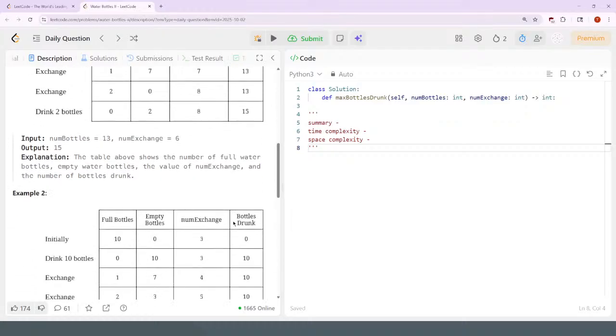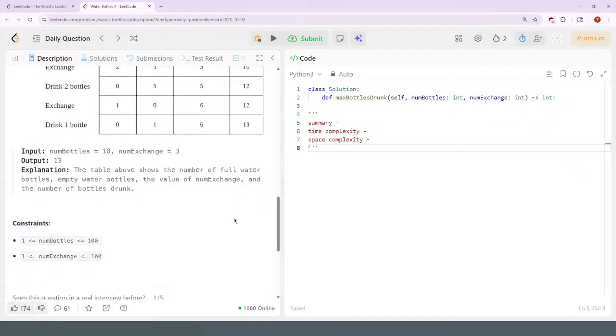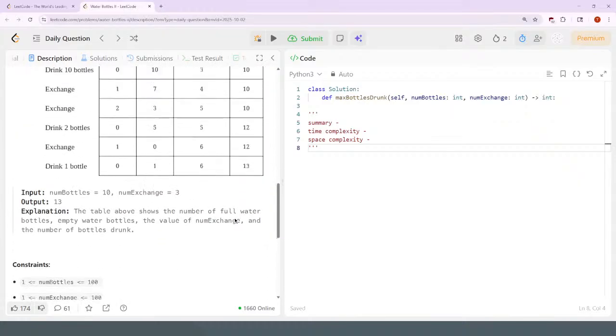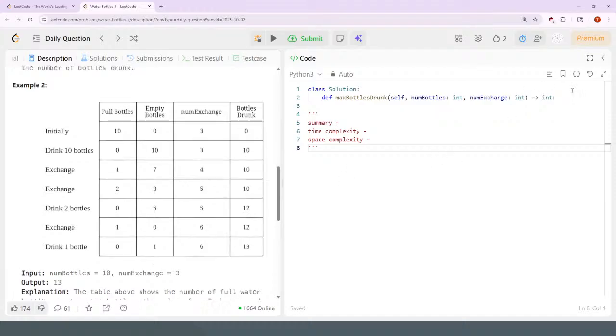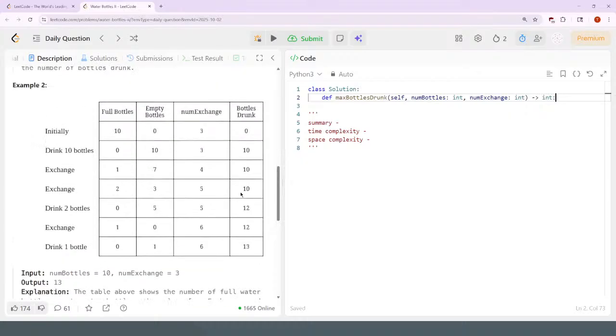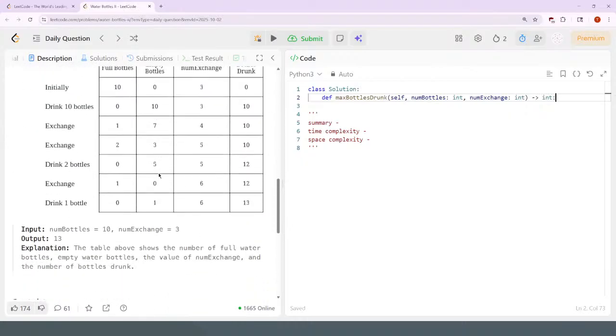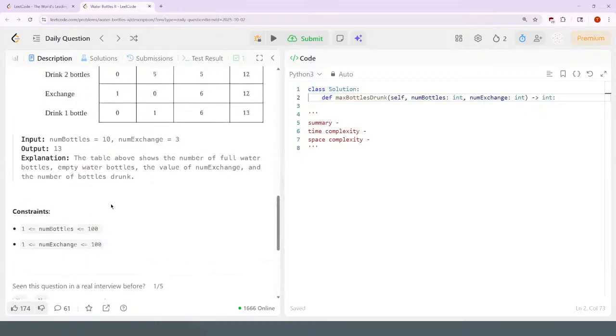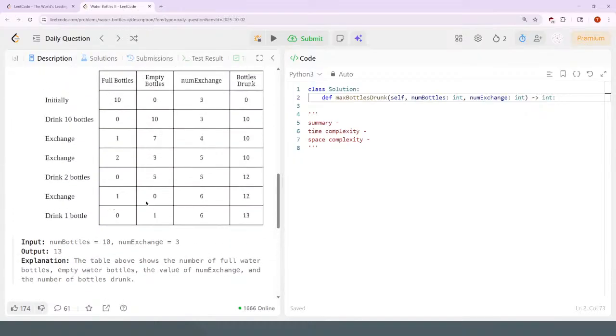So 13 plus 2. Seems simple enough, unless there's some faster way than just actually doing it. The numBottles is quite small. Alright, I'll do the simulation and see if it's fast enough.